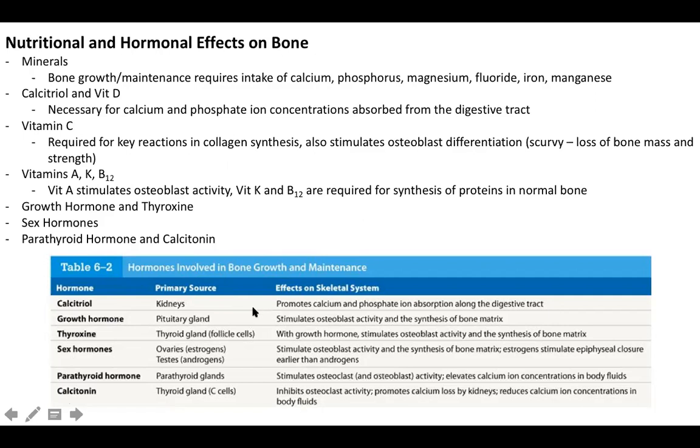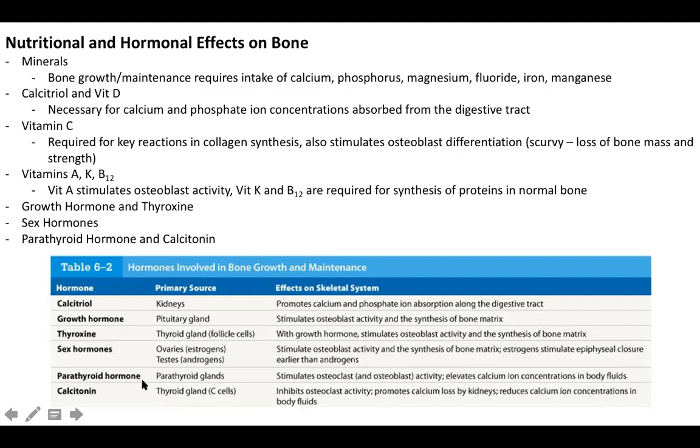Calcitriol promotes calcium and phosphate absorption. The growth hormones and the sex hormones activate osteoblastic activity, and the thyroxine, thyroid hormone, activates osteoblastic activity, and that makes new bone matrix.